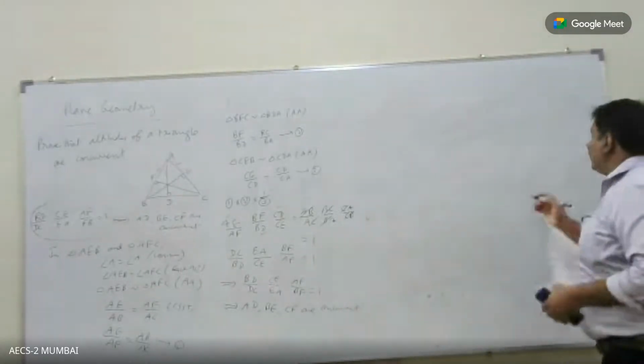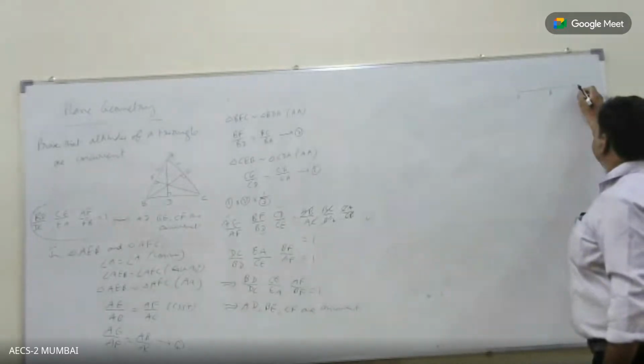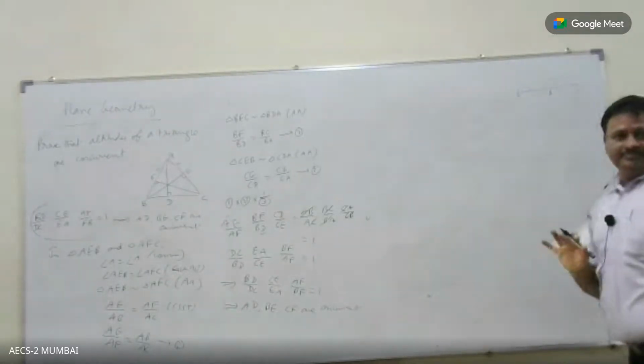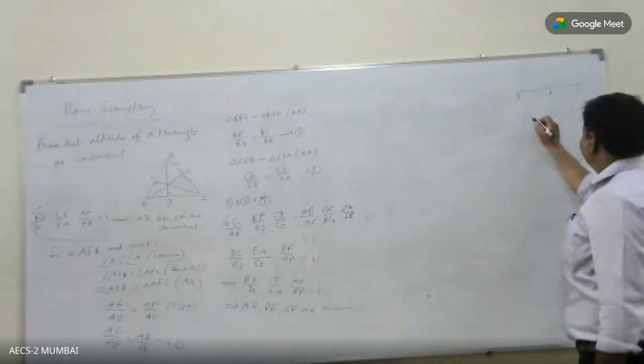See, I have 3 points. Let us say A, B, C. Okay. They are collinear. They are lying on the same line. I want to prove they are collinear. How to prove it? When the distance of AC is equal to the distance of AB plus BC. Very good.